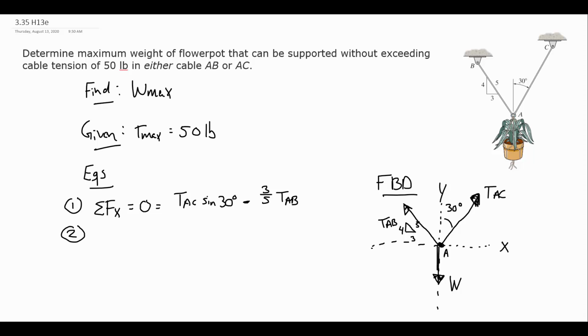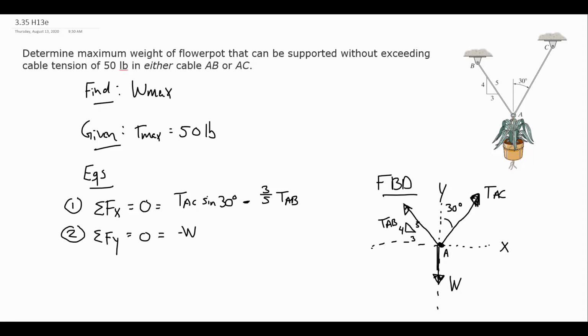All right, there's two unknowns in it, TAC, TAB, so we can't solve anything yet, so I'll move on to summing forces in the y. Again, we're in equilibrium, it's going to sum to 0. Now I need, of my three forces, all of the y components. So all of W points down, which I established as the negative y direction, so it's a negative W. And now I have the vertical components of TAB and TAC.